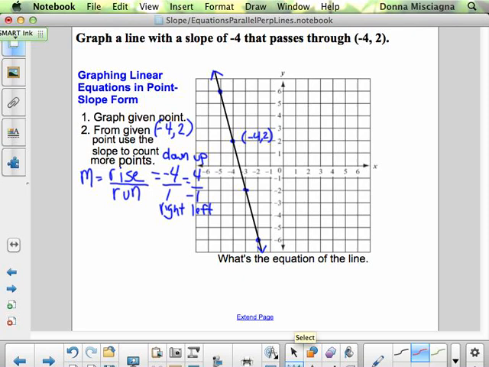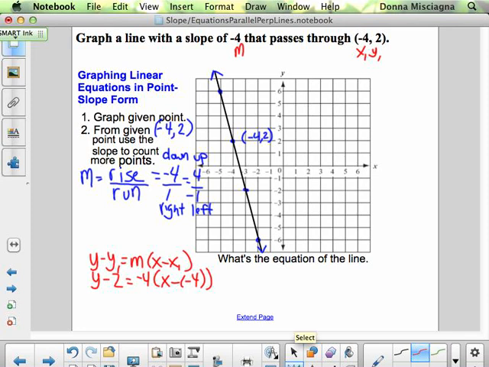As a reminder, that is y minus y1 equals m times x minus x1. And of course the m is the slope, and x1, y1 is the point we're given. So we have y minus 2 equals -4 times x minus -4.